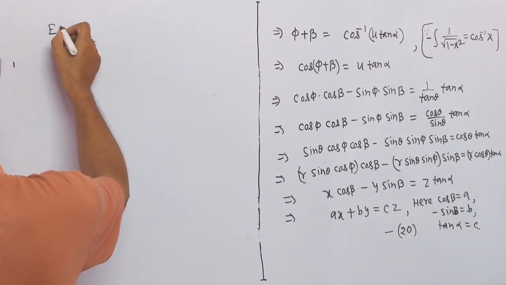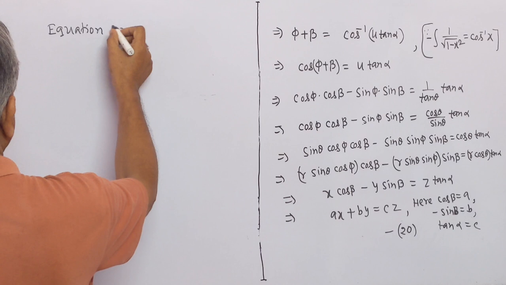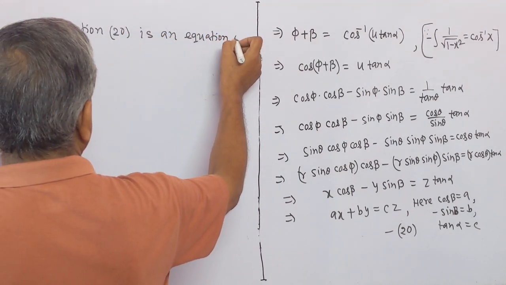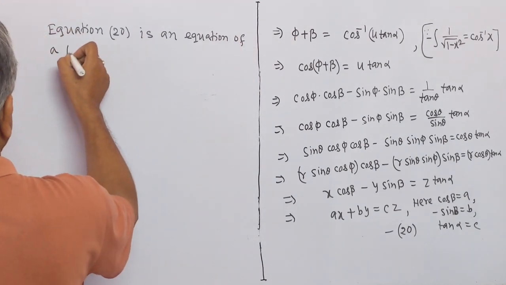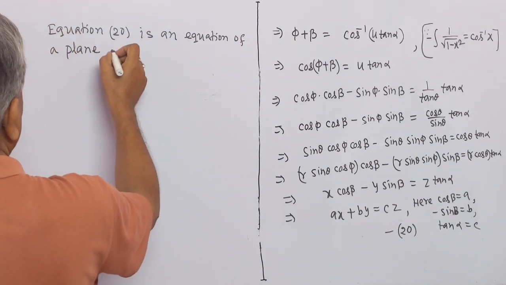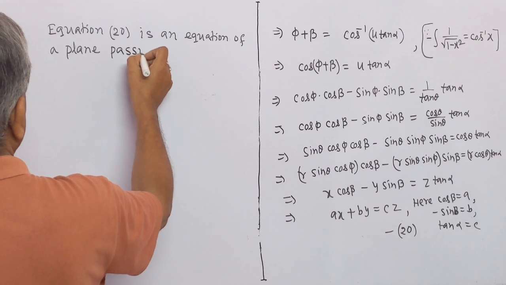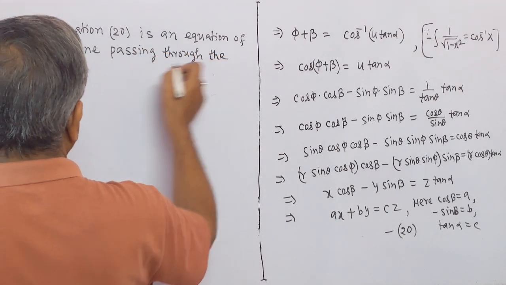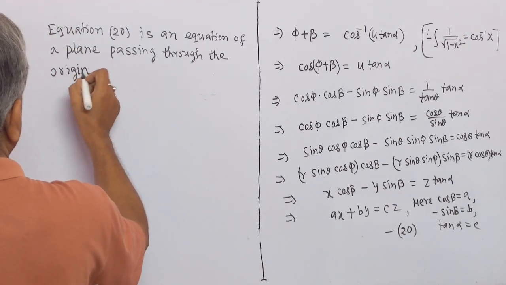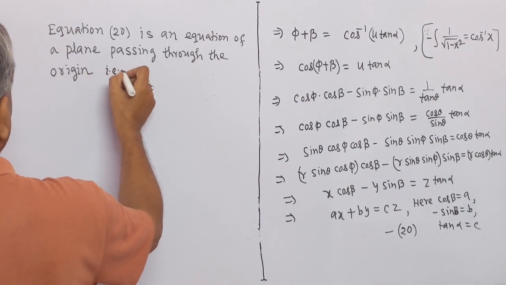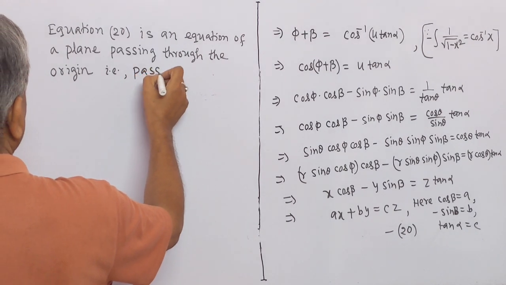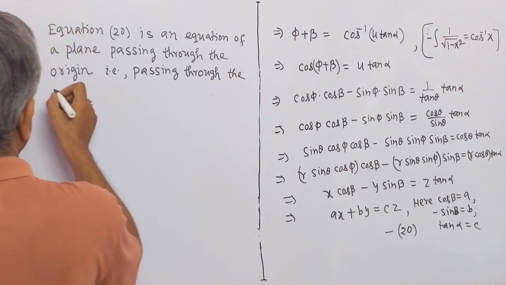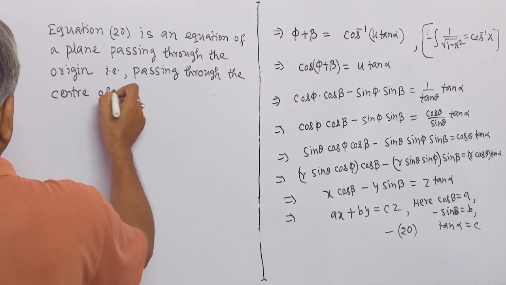Equation 20 is an equation of a plane passing through the origin, that is, passing through the center of the sphere.